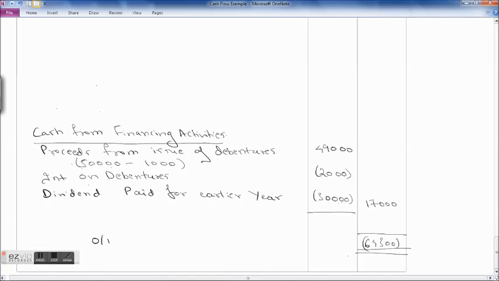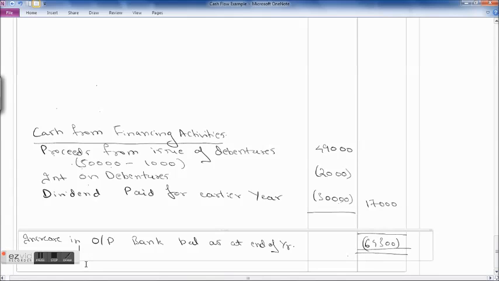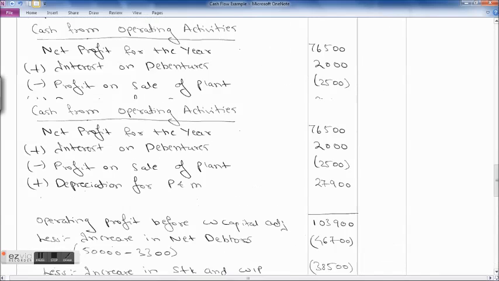So your OD bank balance as at the end of the year, or you can also say increase in OD balance. Since we are not given a trial balance, we are given only the increase or decrease in the accounts, for our convenience we have taken the opening balance as 0.